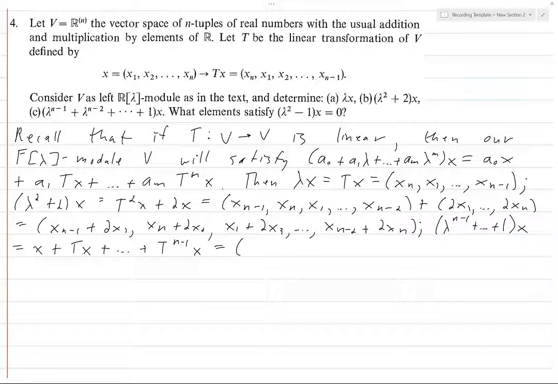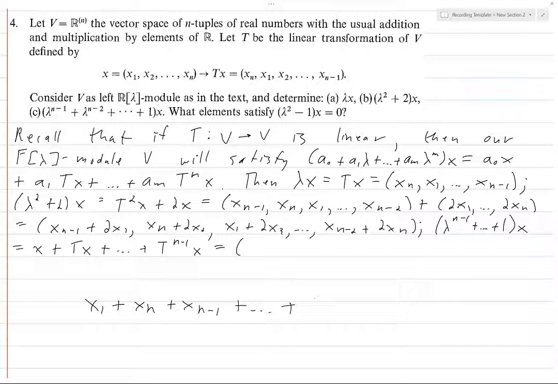And where are we going to stop? We're going to stop at T to the n minus 1. So let's see, we got x1 plus xn plus xn minus 1 all the way up through the first entry of T to the n minus 1 x.